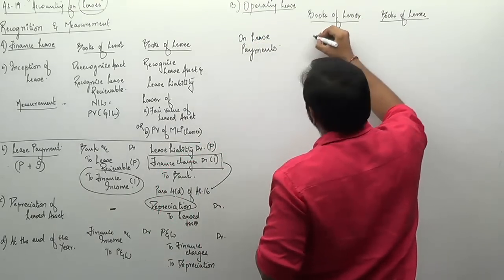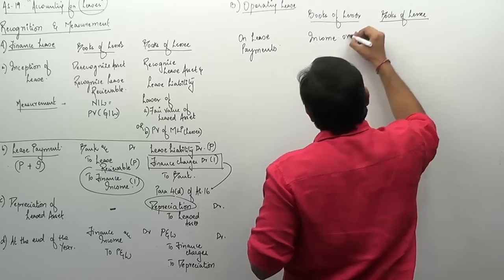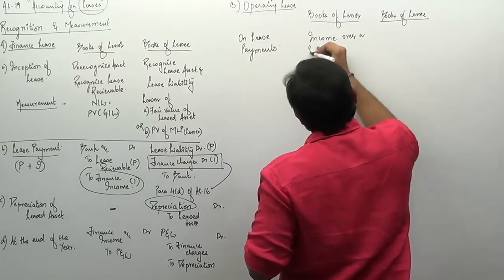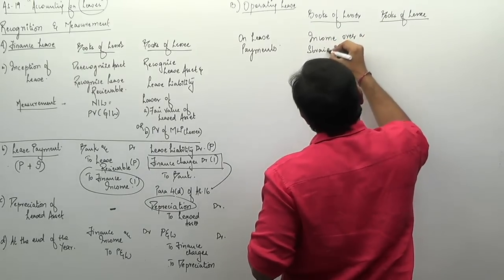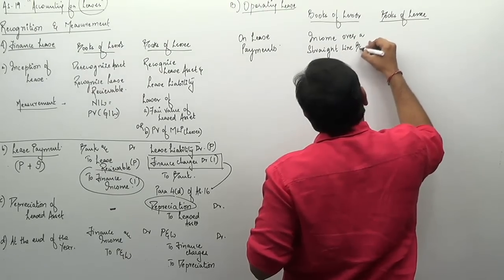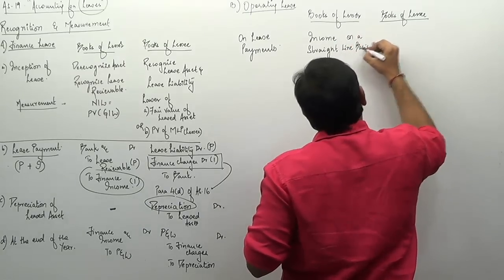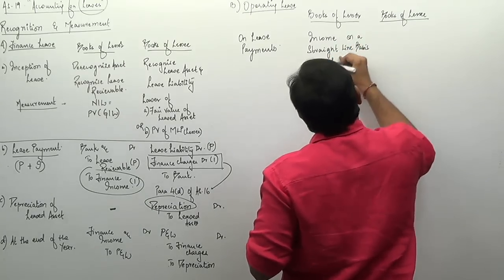The lessor will treat it as income on a straight line basis over the lease term.